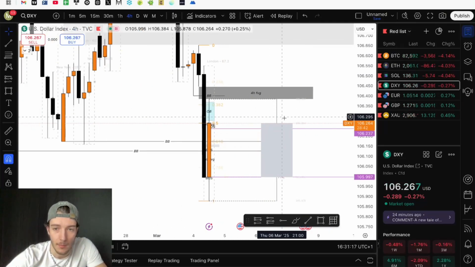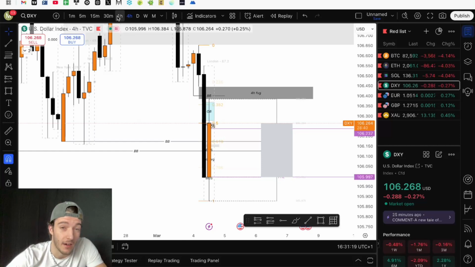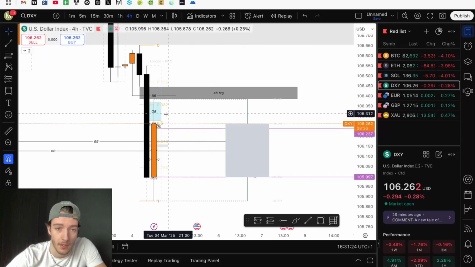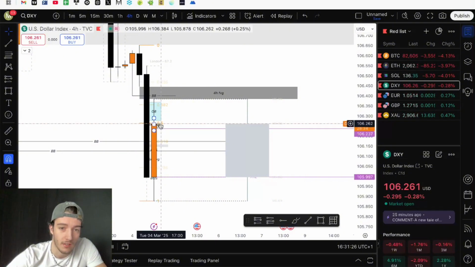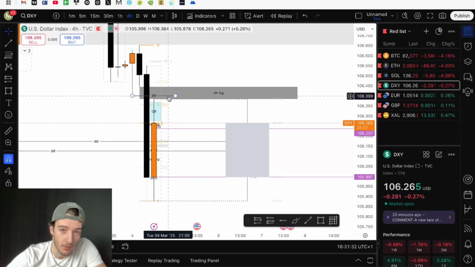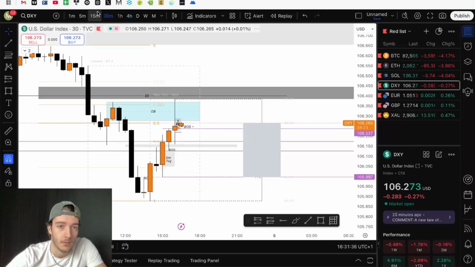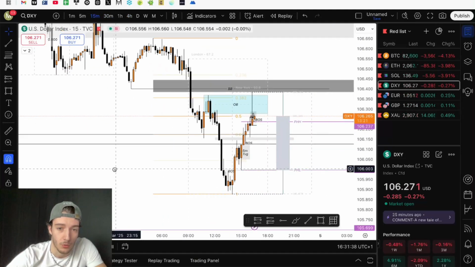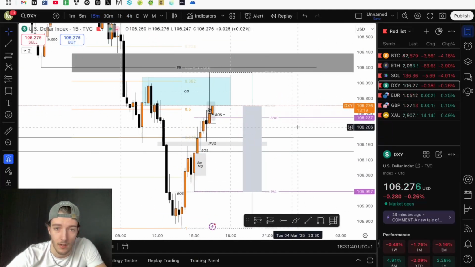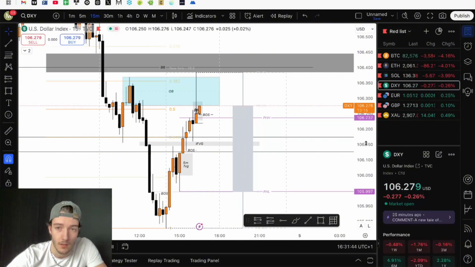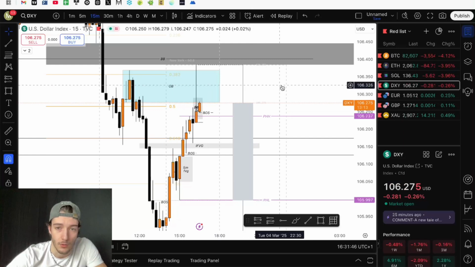But yeah, gotta keep an eye on that, because in my eyes, what also could be the case is that since we're gonna close this 4-hour candle in 30 minutes, we might go a little bit lower in the next 4 hours at the start, sweep this 4-hour high here, tap into this breaker, tap into the 4-hour fair gap, and then move lower. So in the PM session, there could be a short opportunity, or maybe even before PM session, late London New York merge.